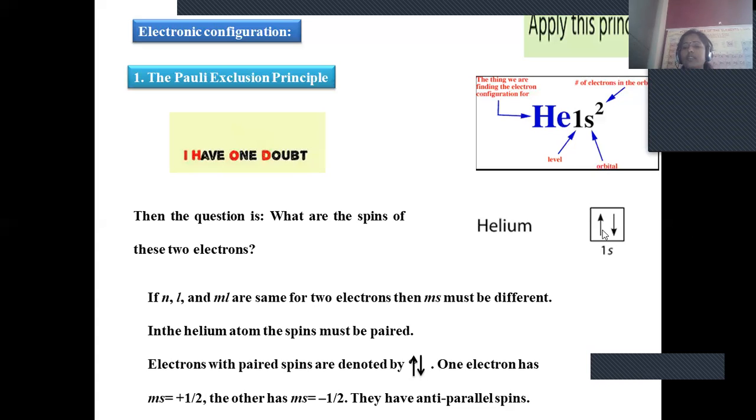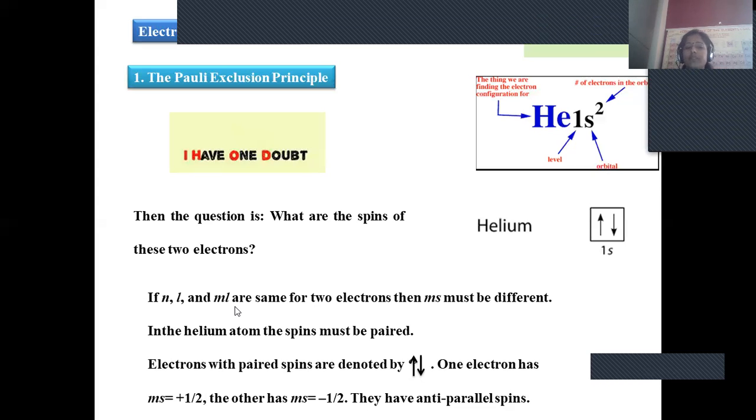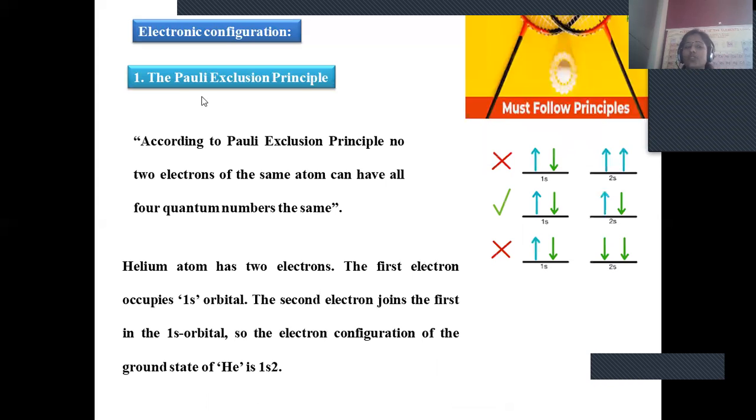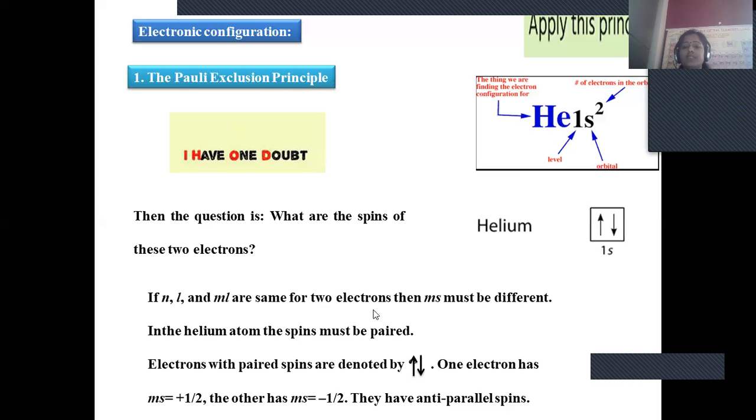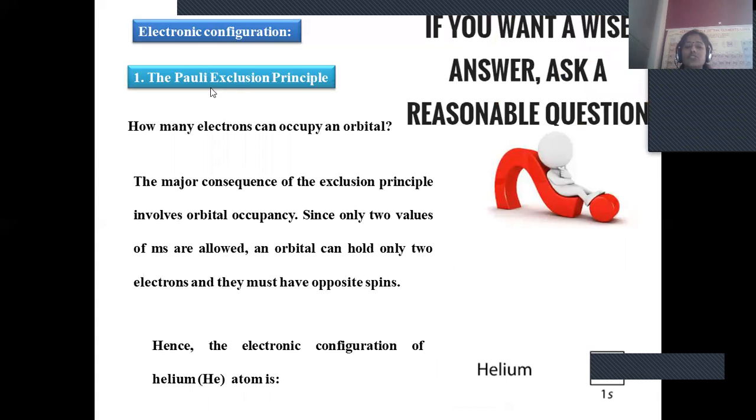Because one electron is in clockwise rotation, the second electron is in anti-clockwise rotation. That's why one electron has plus half and the second has minus half spin. This is the converse of that. So here 3 quantum numbers are equal but the fourth quantum number differs, so it obeys Pauli's exclusion principle, right? In this manner, Pauli's exclusion principle is simply explained with helium.